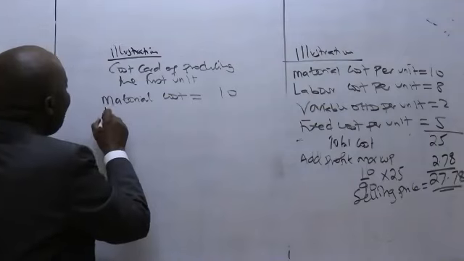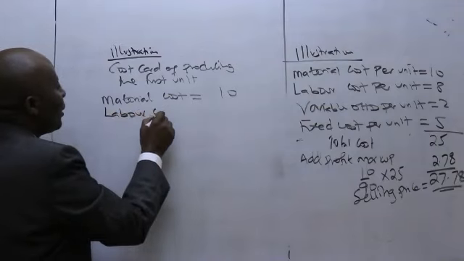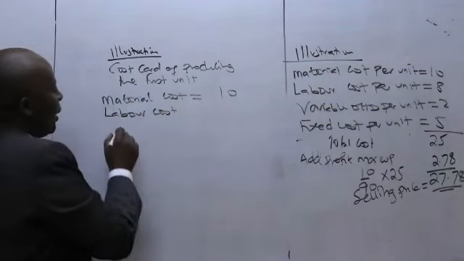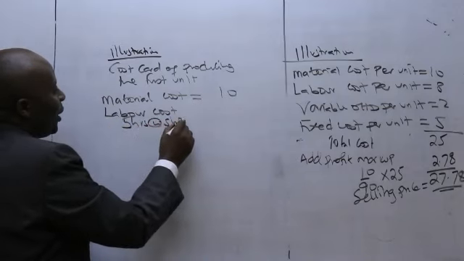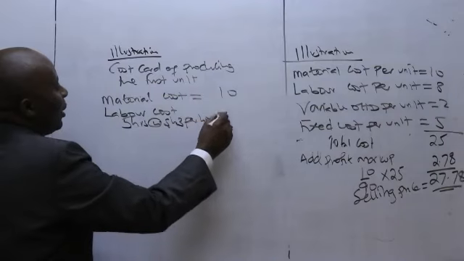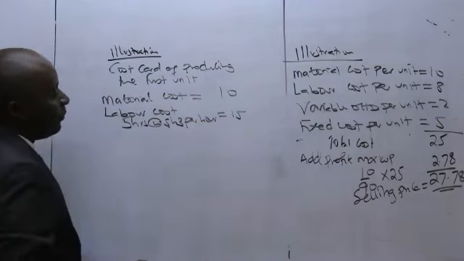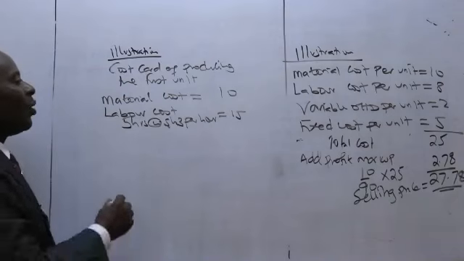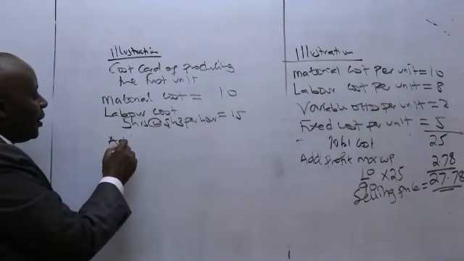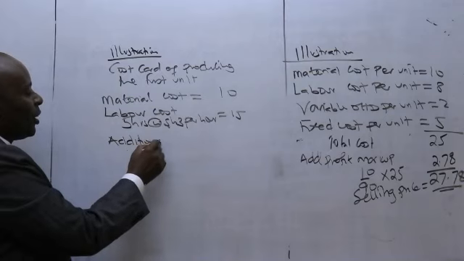They'll give you labor cost: 5 hours each at shillings 3 per hour, giving you 15. And then they'll give you additional information.